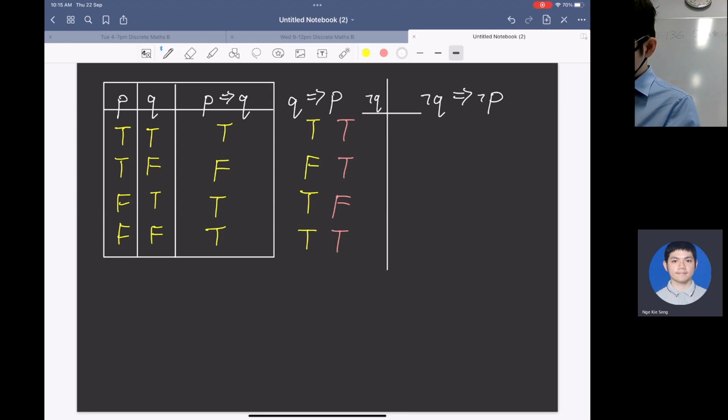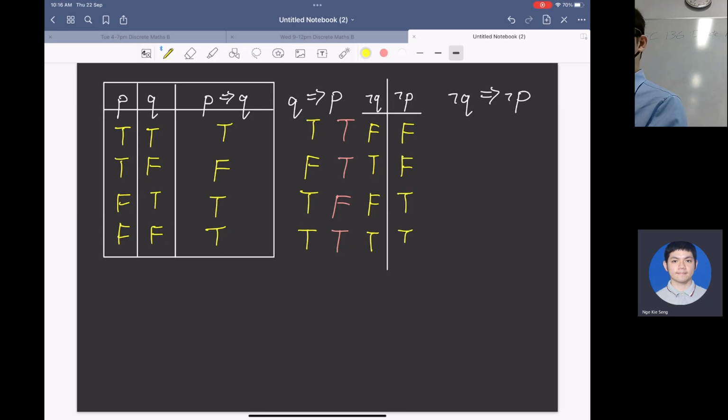So not Q, not P. Not Q, I'll get false. So I'm looking at this row again, and then I negate them. So not not false, not not P, false, false. So everyone follow how to get this? Okay, good.